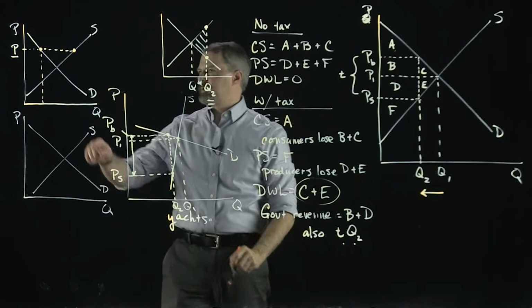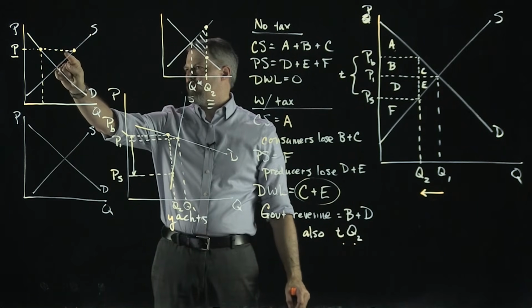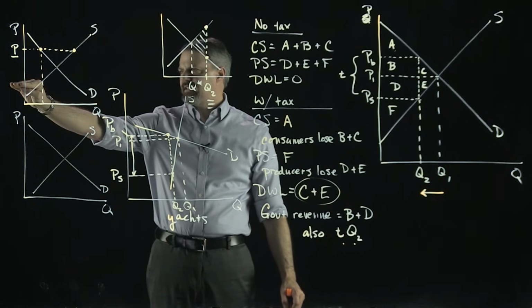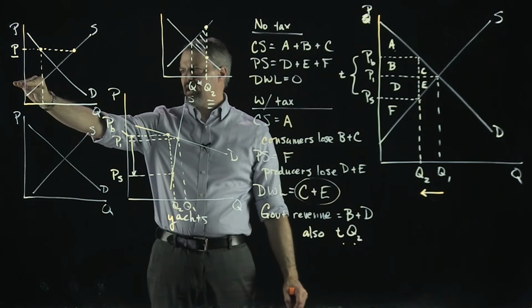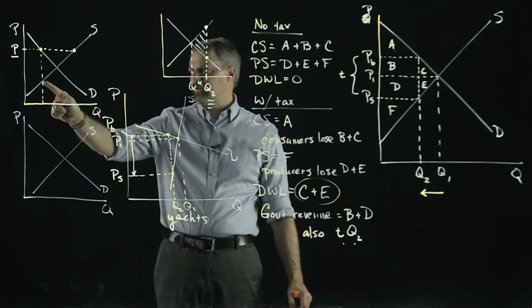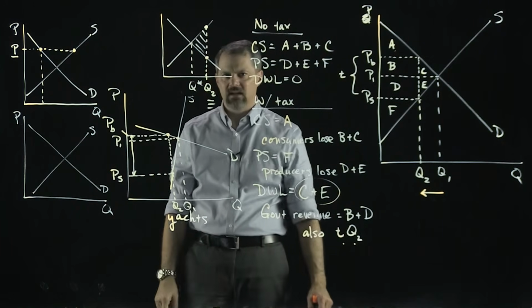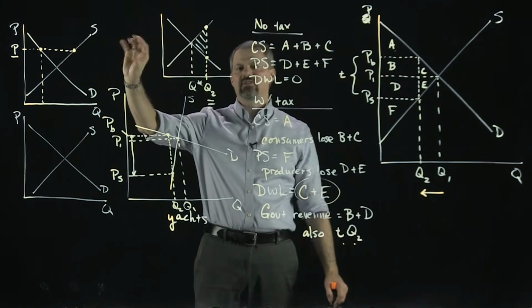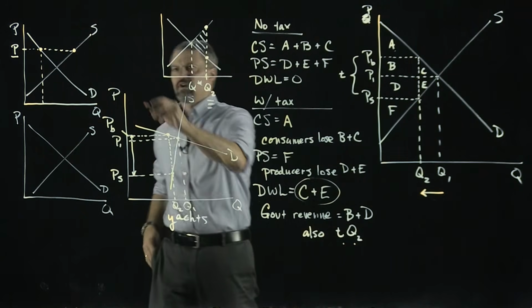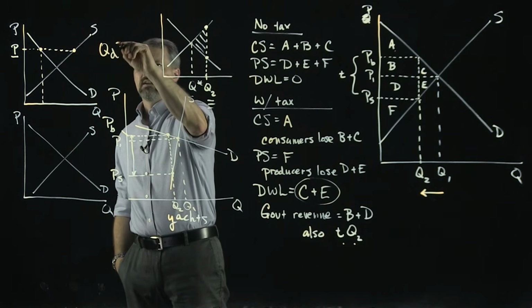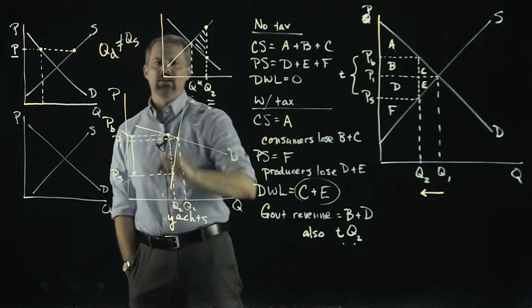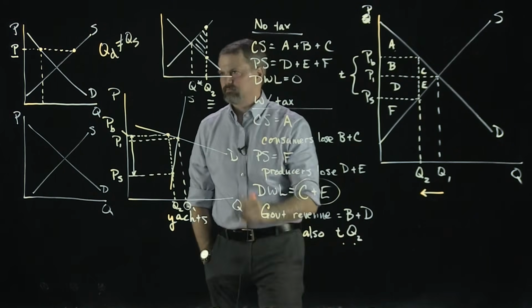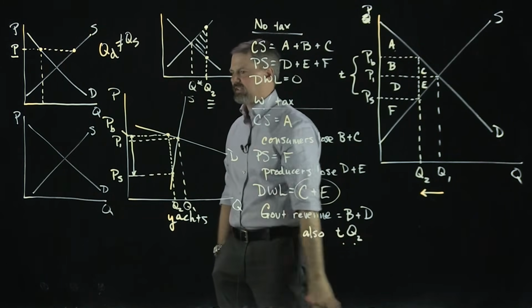We get a difference between the quantity demanded and the quantity supplied. If we had a price ceiling, our price would be down here, and we'd have a difference between the quantity supplied and the quantity demanded. A price floor or a price ceiling, when they're binding, create a surplus or shortage. In other words, quantity demanded is not equal to quantity supplied with a binding floor or ceiling. We get a picture that looks something like that.